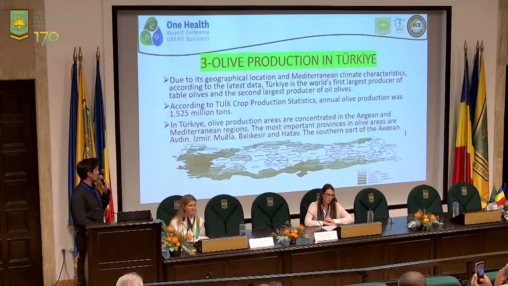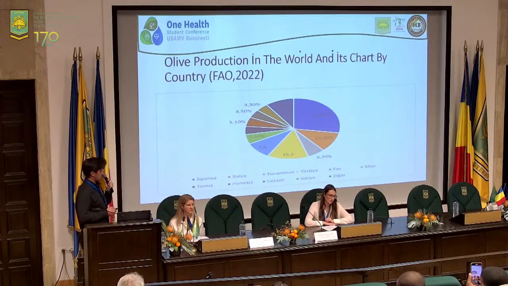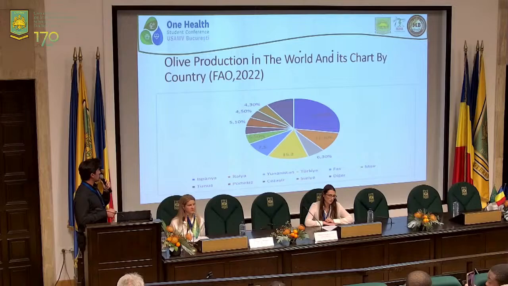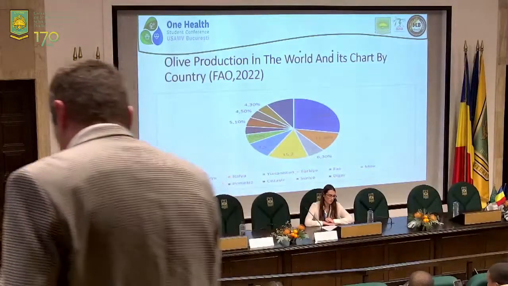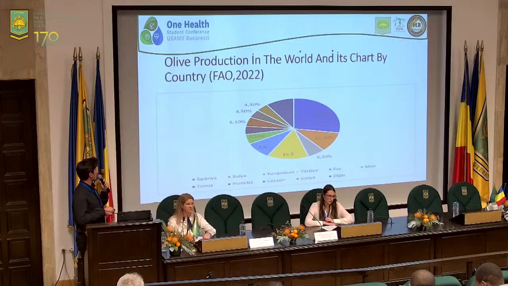The most important provinces in olive area are Aydın, İzmir, Muğla, Balıkesir, and Çanakkale. Here is the 2022 production of olive in Turkey.